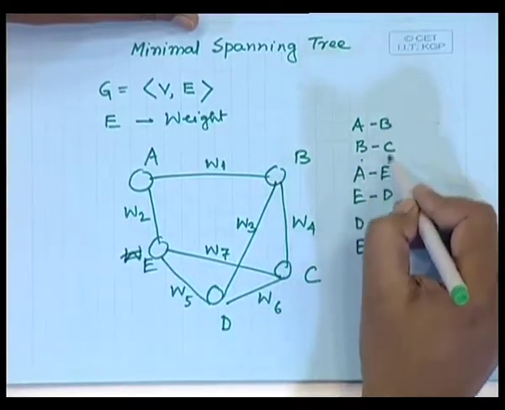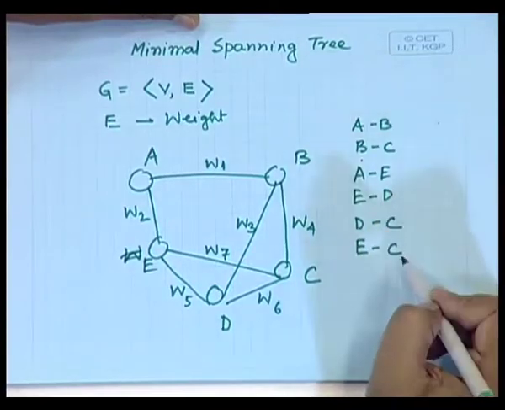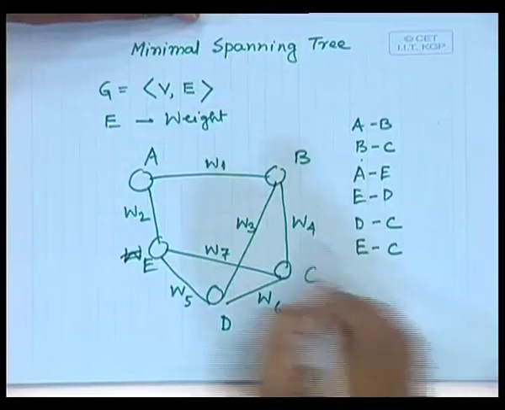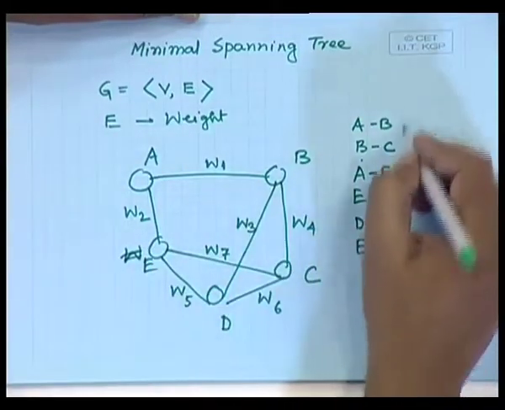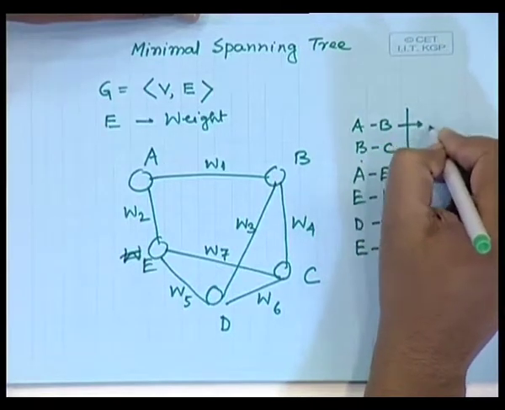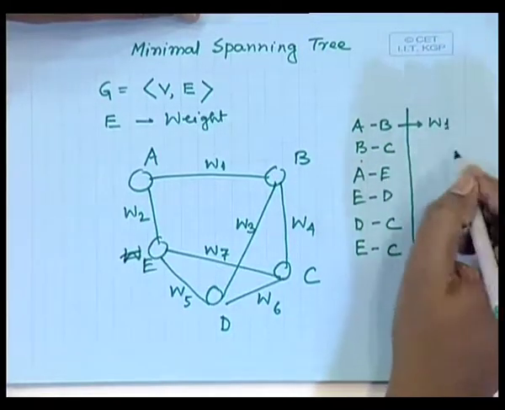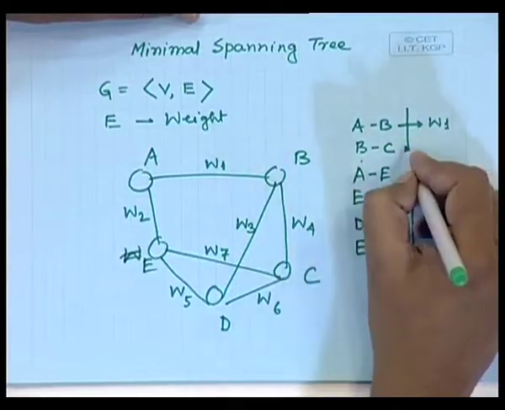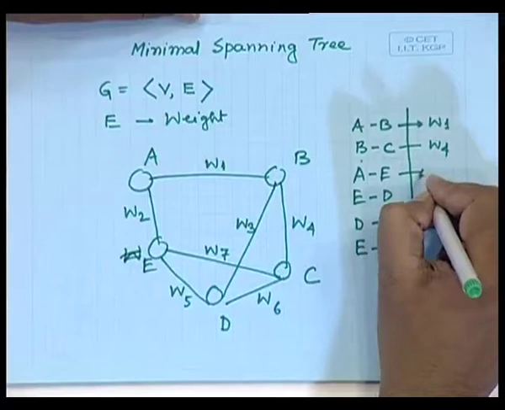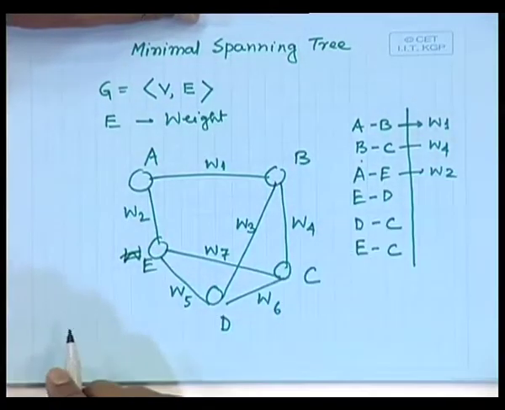So, I have the set of edges, and this set of edges along with the vertices represents the graph. When I consider a weighted edge, then for every edge I will have the corresponding weight. So, A B will have W1, similarly B C will have W4, A E will have W2 and so on.